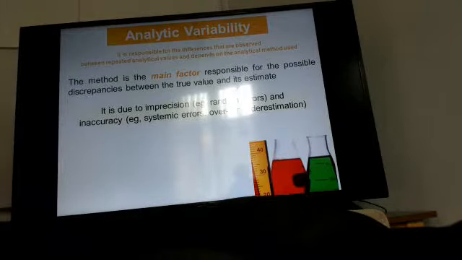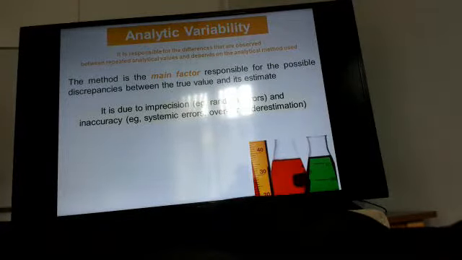The other one, the random or casual error, is an error that can occur, not always. It can occur sometimes and can depend on the sample or the techniques, but it's not always the same and is related to imprecision.